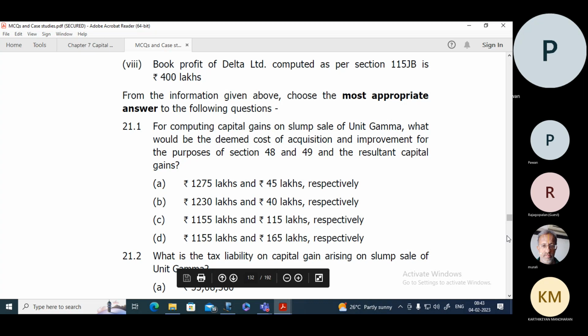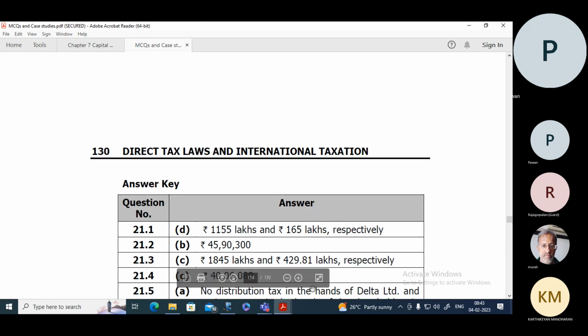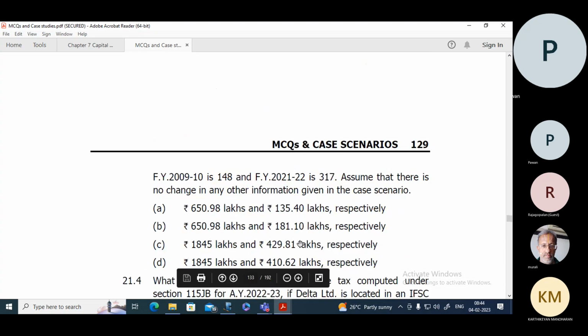So now let us just go through the answer. What is the answer that they have given? Which page? 134. 1155 and 165 is the correct answer. Okay.